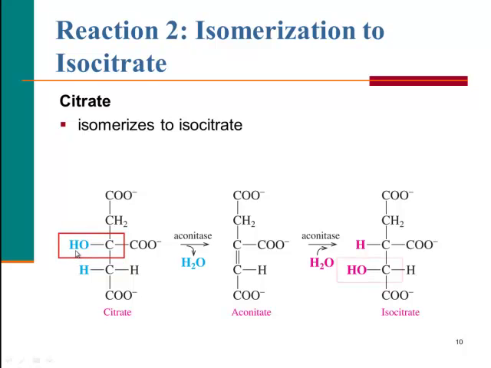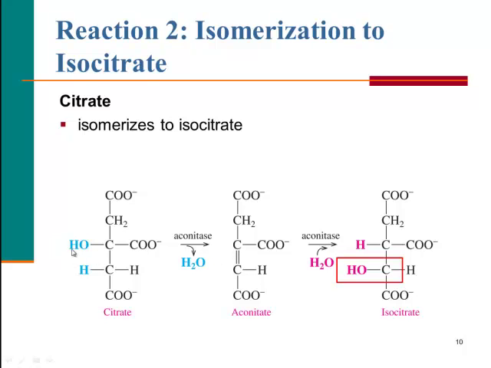And it's going to be rearranged by the movement of the OH from a tertiary OH to a secondary OH. And again, an enzyme is going to do the steps of this reaction. The initial step is to remove or dehydrate our molecule to make a double bond.